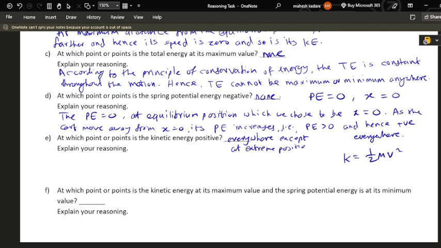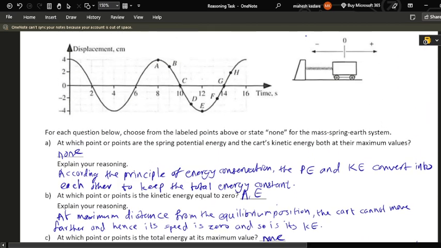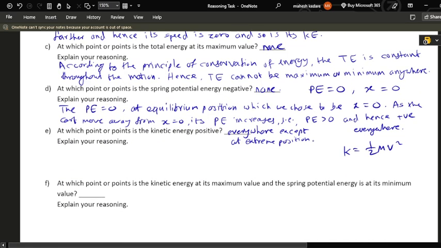But we have to answer this question with respect to the diagram shown. So we must mention the points from the diagram where kinetic energy is zero. Kinetic energy will be zero at A and at point E, and everywhere else it is positive. Extreme positions are A and E.